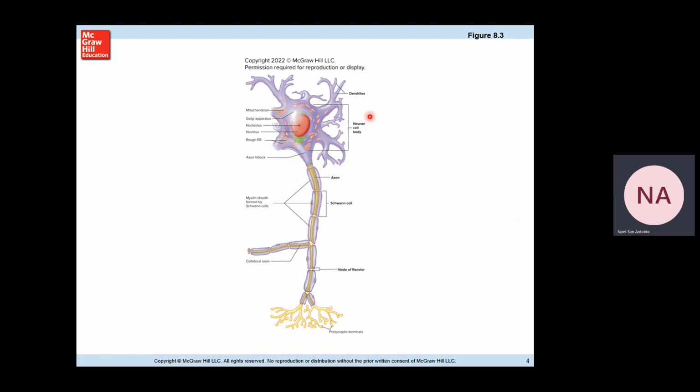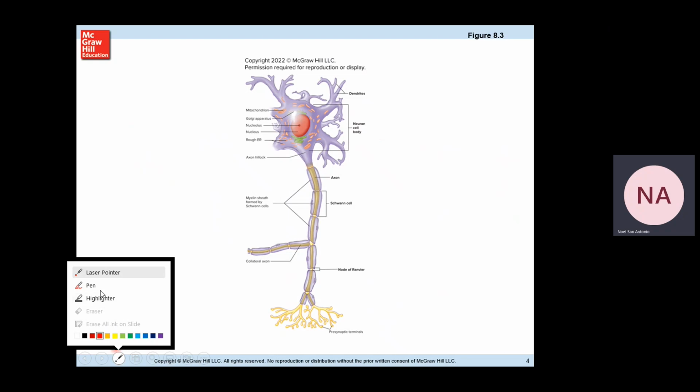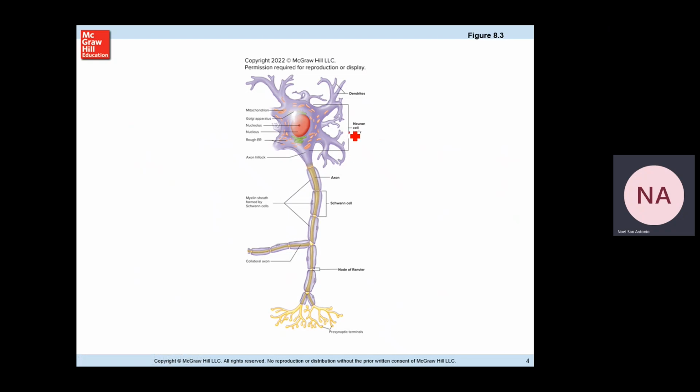You have the neuron cell body, sometimes known as the soma. Soma meaning body. So this is where you will find the nucleus.